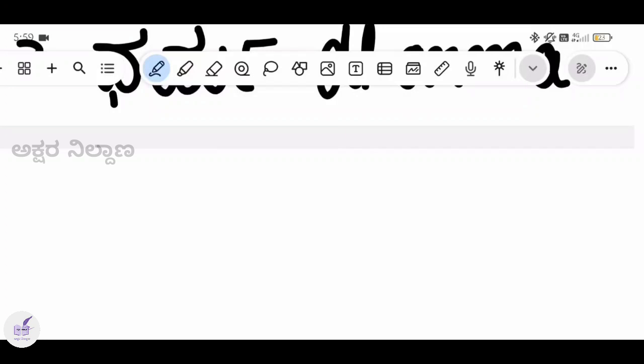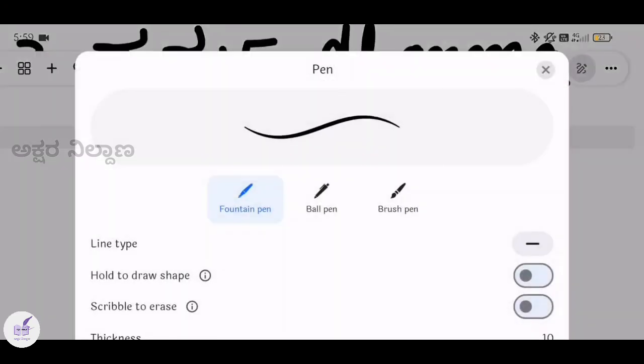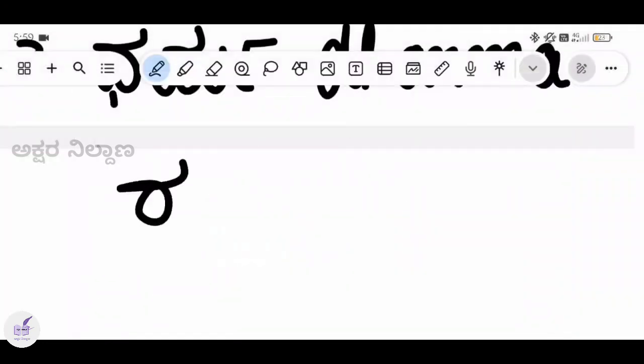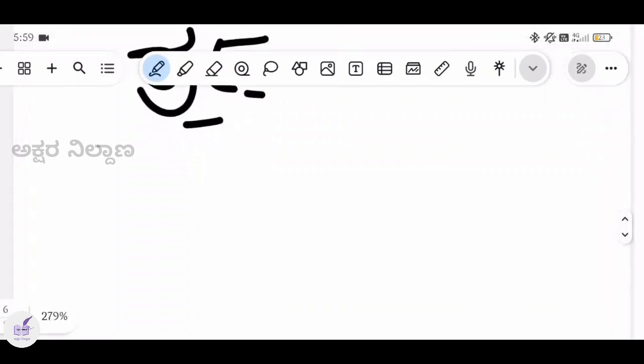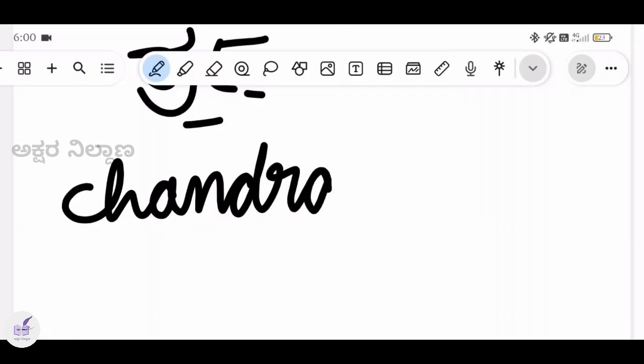Now coming to the point, I told you we are going to have two vattus for ra, right? This is having two vattus. We'll see when to use which vattu. If you want to write Chandra, how to write Chandra?